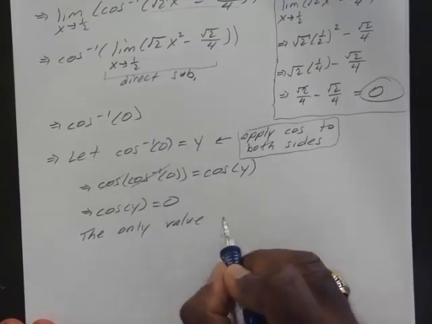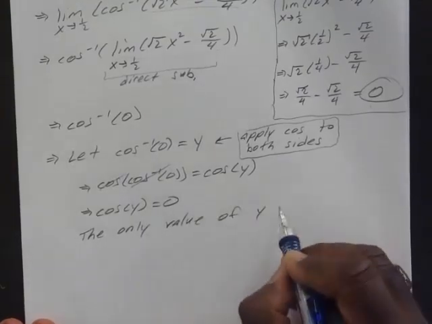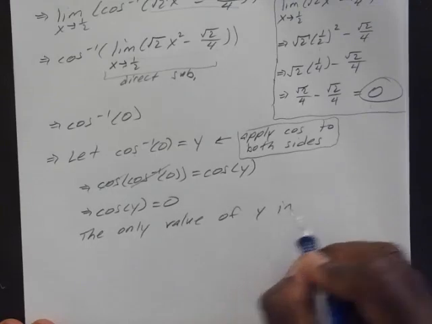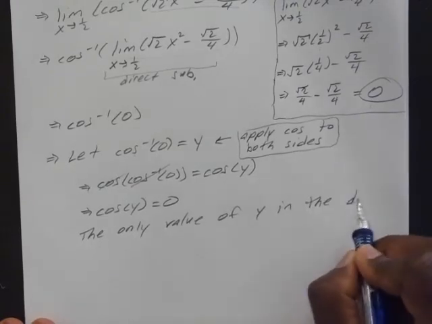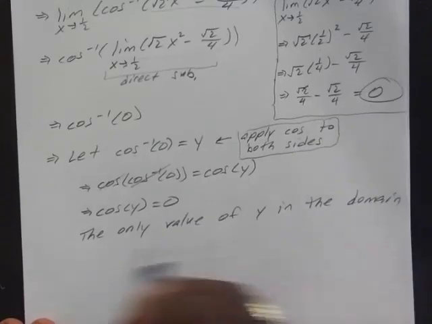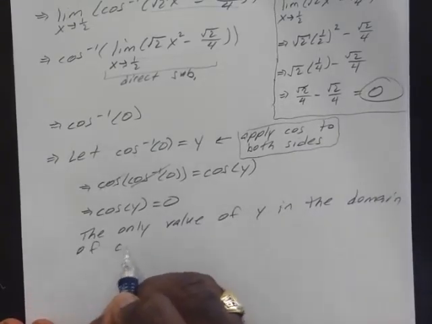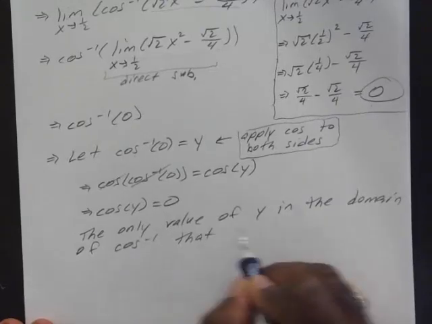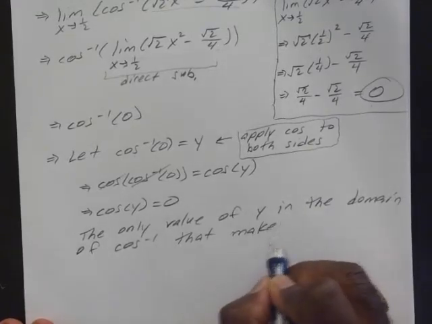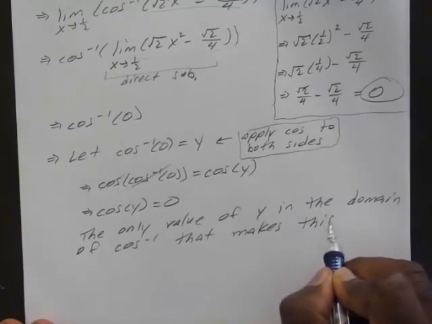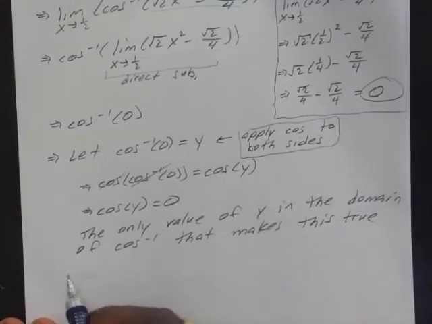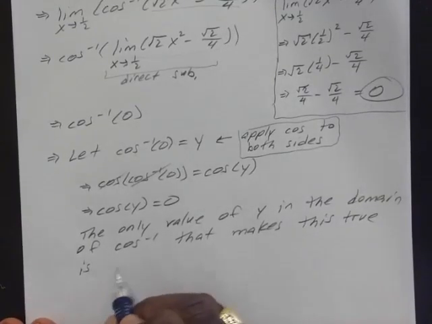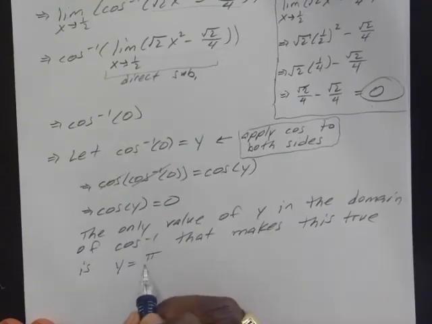The only value of y in the domain of cosine inverse that makes this true is y is equal to pi over 2.